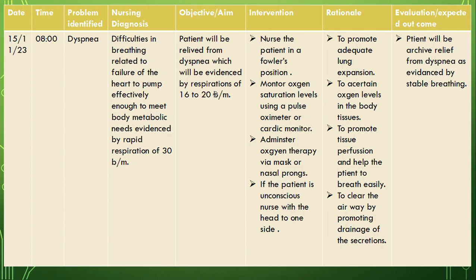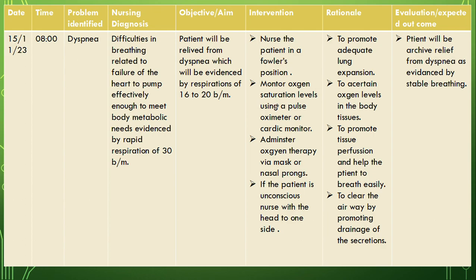So our interventions are that we should nurse the patient in Fowler's position, and the rationale is to promote adequate lung expansion. So we are nursing our patient in Fowler's position to promote adequate or full lung expansion, and we can do so by use of a backrest.